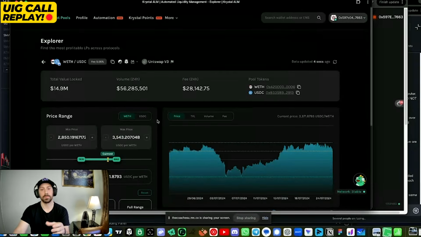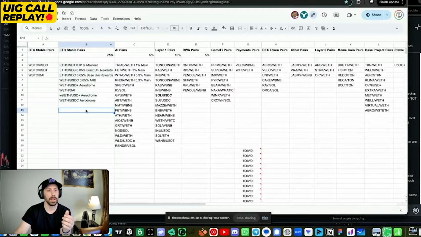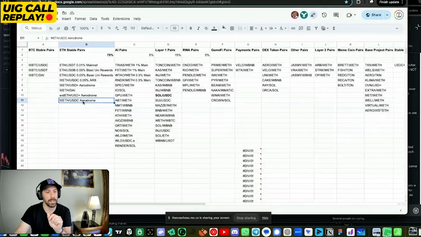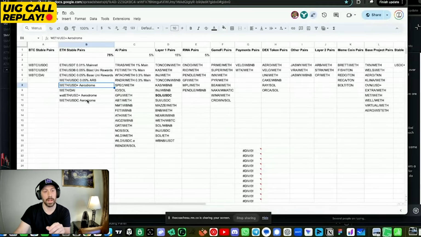We've got these different options for ETH stablecoin pairs, and I think the best options right now are wrapped ETH USDC on Aerodrome, wrapped staked ETH USD Plus on Aerodrome, and wrapped ETH USD Plus on Aerodrome. Those are the 3 Aerodrome stablecoin ETH pairs right now that are paying the most.